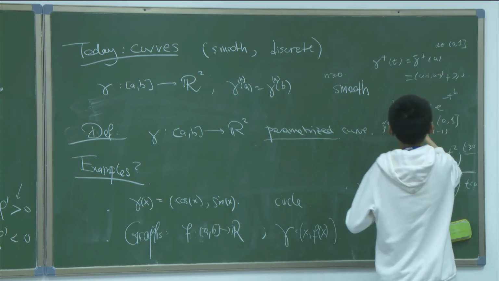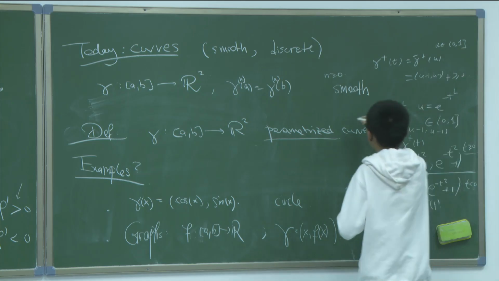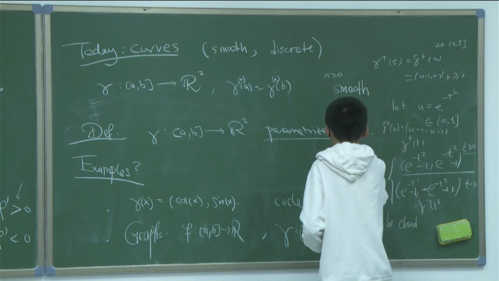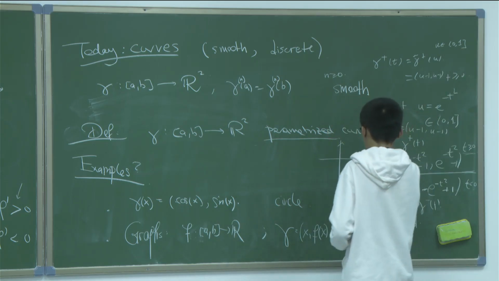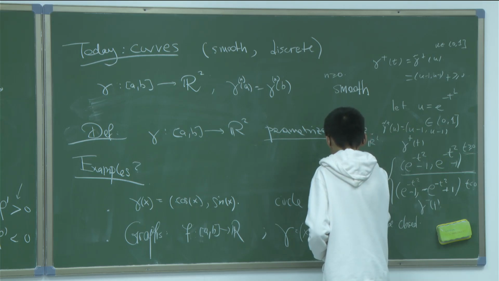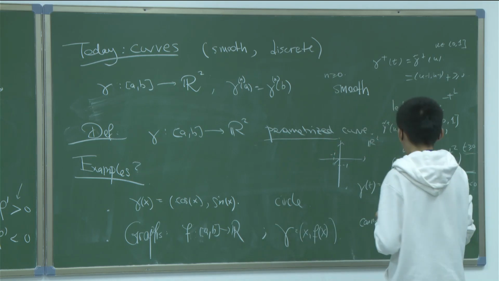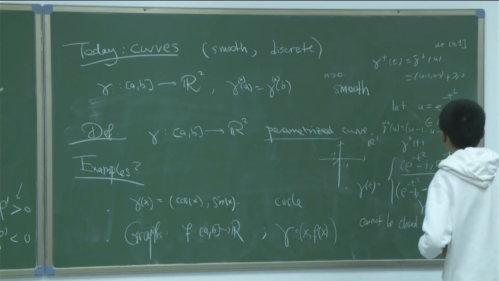Because u is in 1, for example this is R2. Then it's like this. This is negative 1. And gamma minus t is similar.